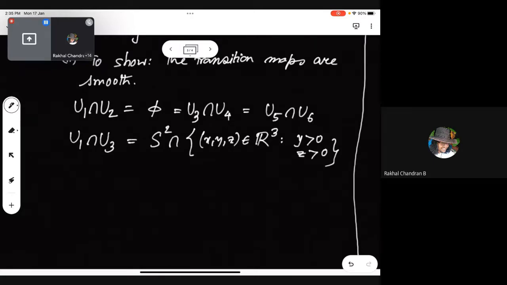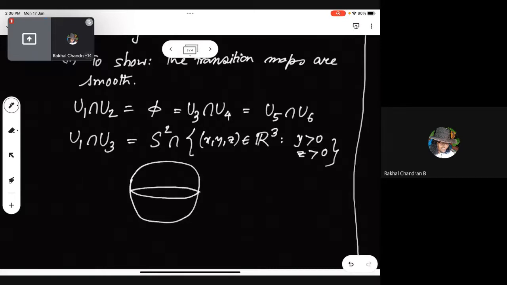Okay, so this is the intersection, and what is this image? So we looked at, let us draw the picture again. This is the x-axis, this is the y-axis, and this is the z-axis.